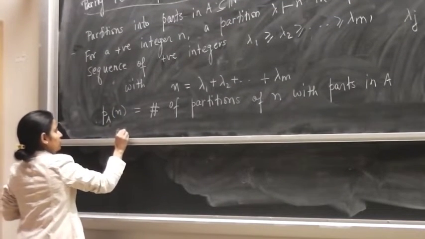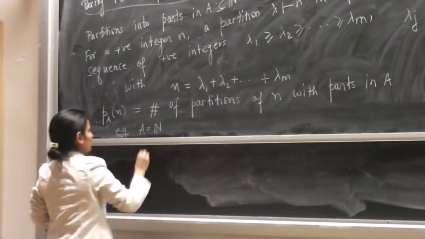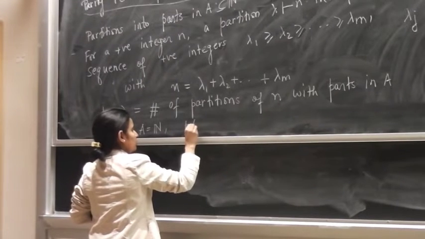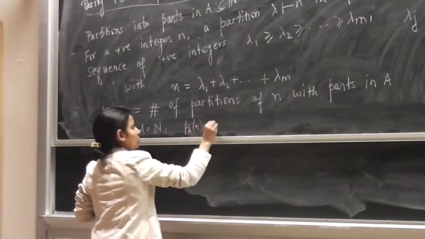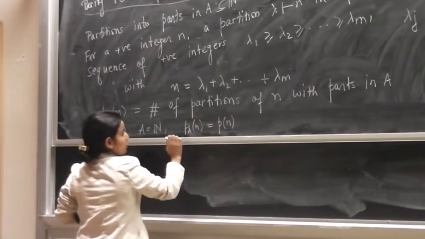Example: if you take A to be the whole set of natural numbers, then this is usually denoted as P of n, and this is the usual partition function.